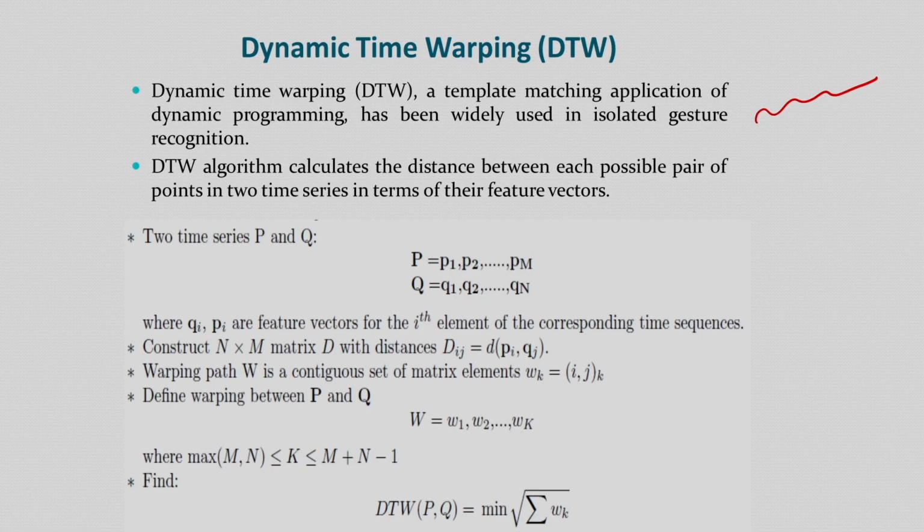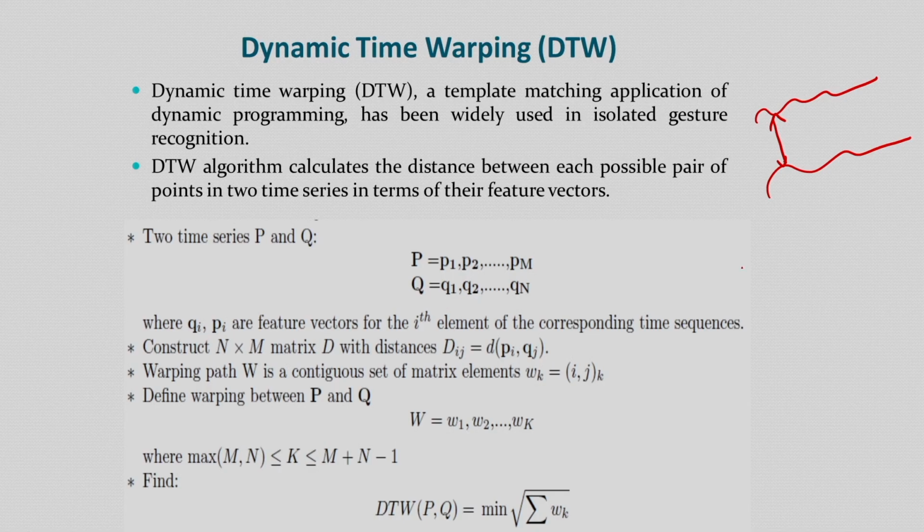When a new trajectory is coming, I have to do the matching between the template trajectory and the input trajectory, that is the test trajectory, and based on this matching I can recognize a particular gesture. I am repeating this: corresponding to a particular gesture video, I can extract the gesture trajectory, and I have a number of trajectories corresponding to different gestures.